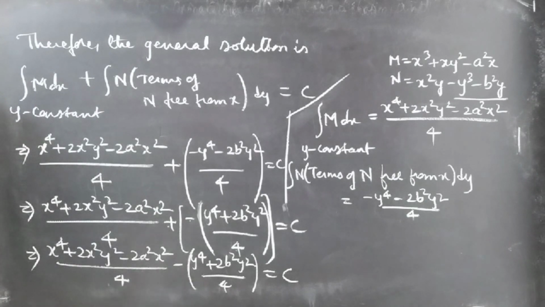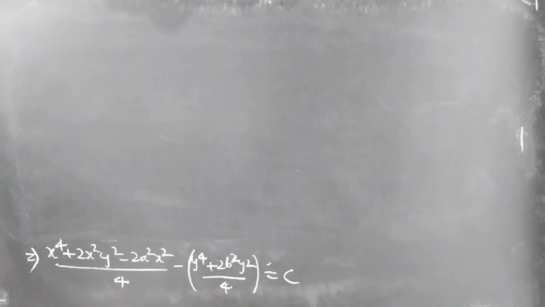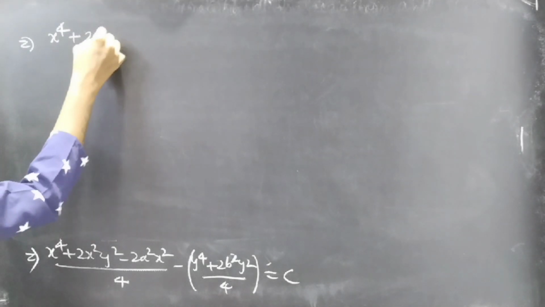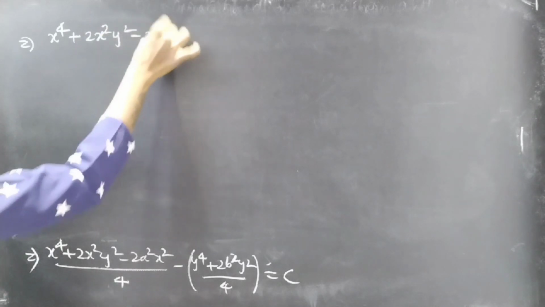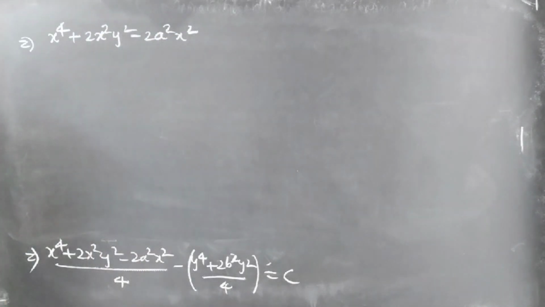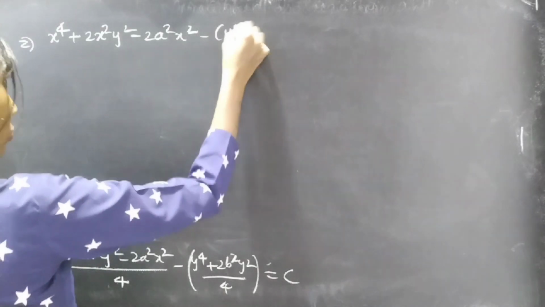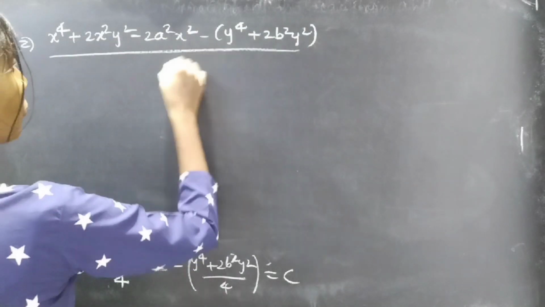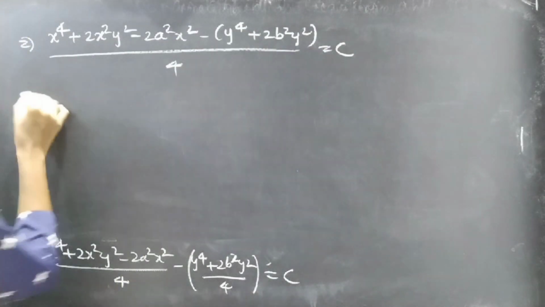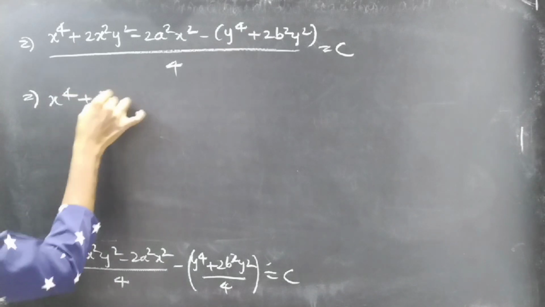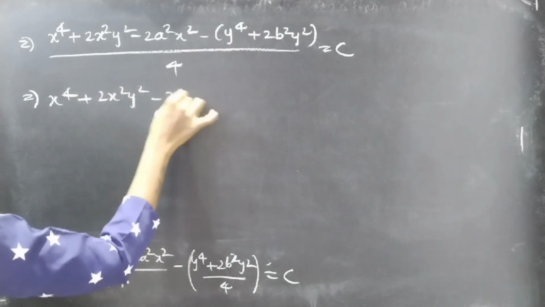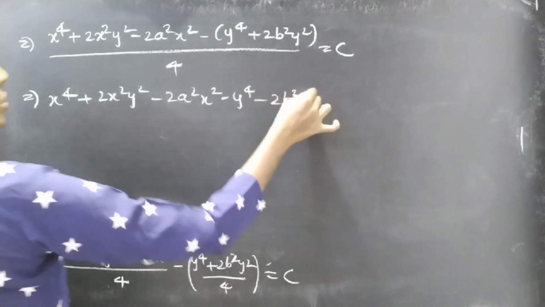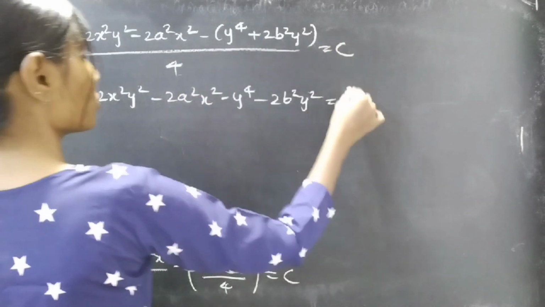Since we have the same denominator, you can write this as x power 4 plus 2x square y square minus 2a square x square minus y power 4 minus 2b square y square equal to 4 into c, 4c.